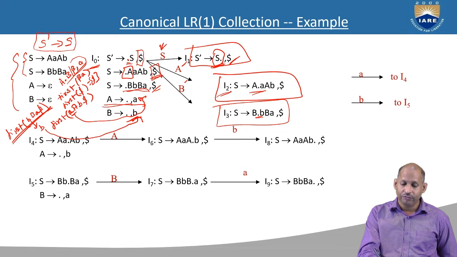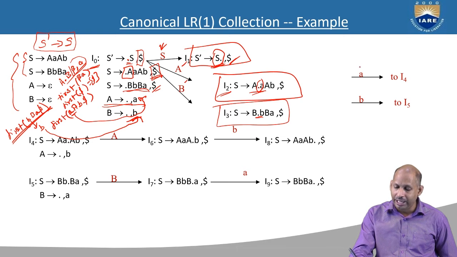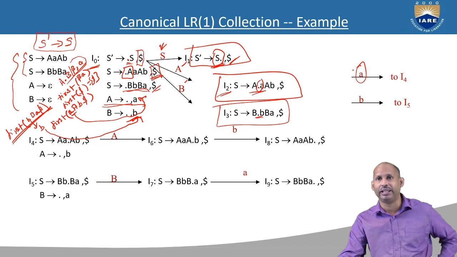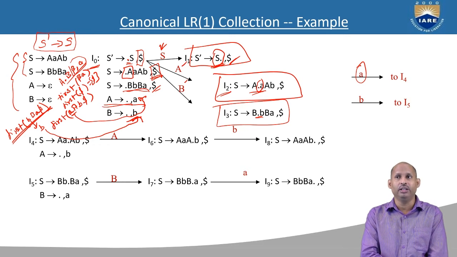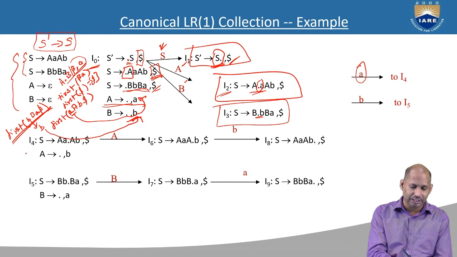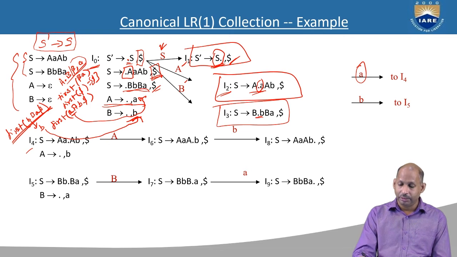Then I2: dot is followed by terminal A, so there is a goto operation on terminal A. We are saying it is going to I4. We'll discuss it later. Then I3: dot is followed by terminal B, so on small b, it goes to I5.